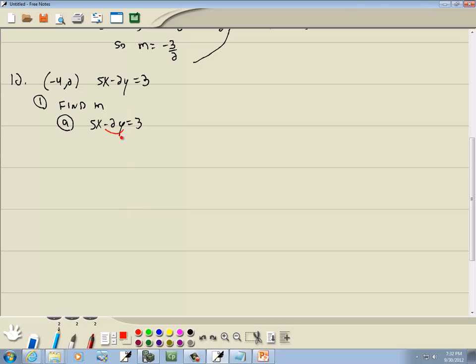So I'll take negative 2y to the right side. I'll take 3 to the left. Anytime you take anything across your equals, your sign changes. So that becomes 5x minus 3 is equal to 2y. Want to get y by itself, so we're going to divide everything by 2. So divide the 5 by 2, the negative 3 divided by 2, and 2 by 2. Those cancel. And we get 5/2 x minus 3/2 equals y.